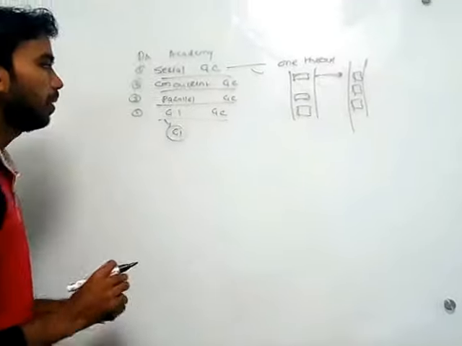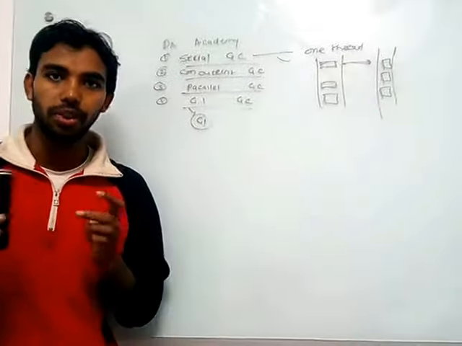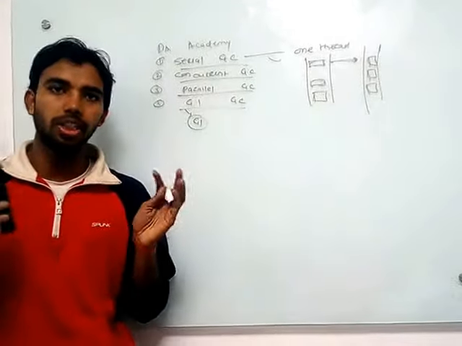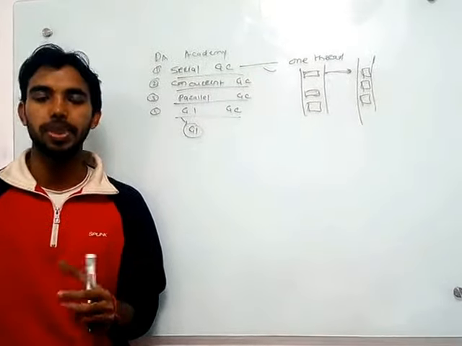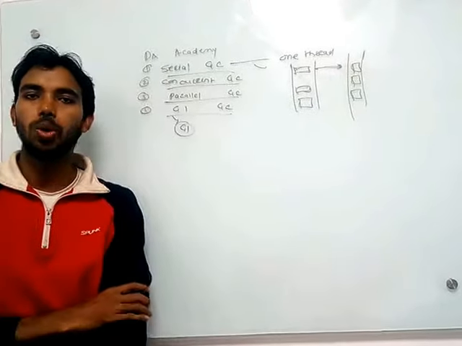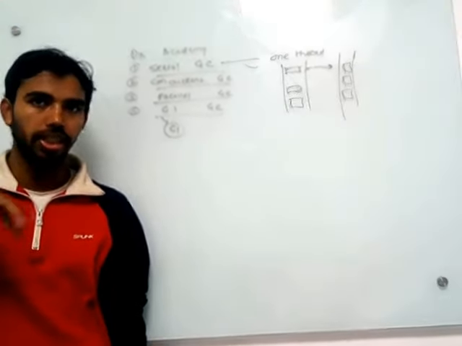In G1 garbage collection, our heap memory is normally divided into three generations: Eden space, survivor space, and the third one, old space.